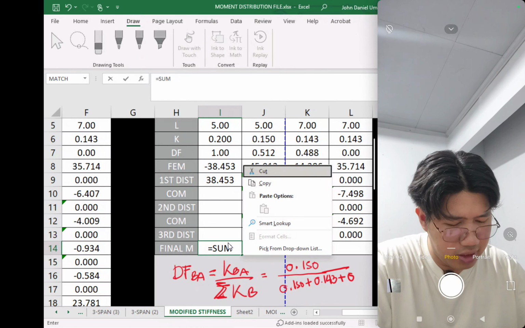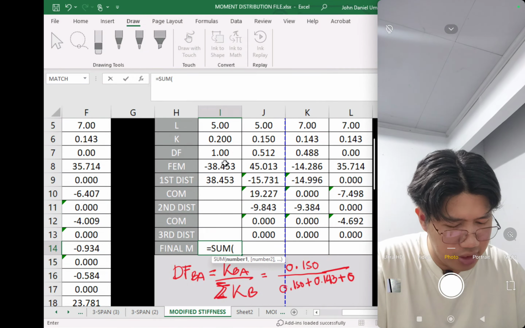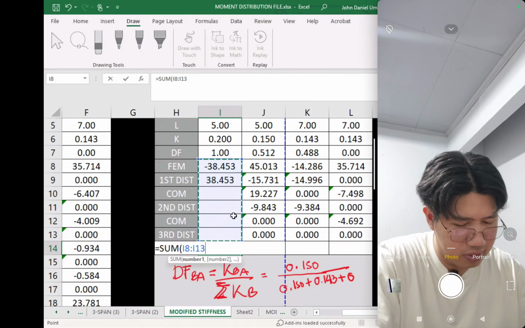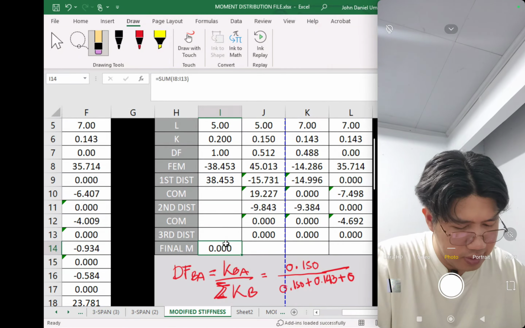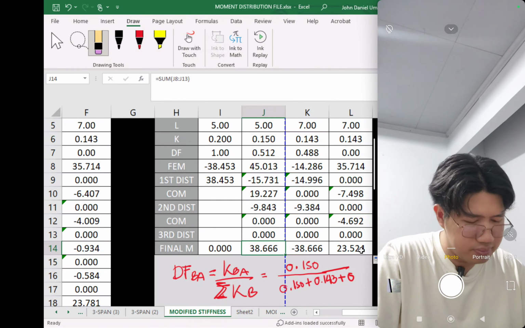Again, the final moment is just take the summation from FEM to the final distribution. In this case, third distribution. Okay, and then we drag that down. So taking the sum. Okay, so automatic.